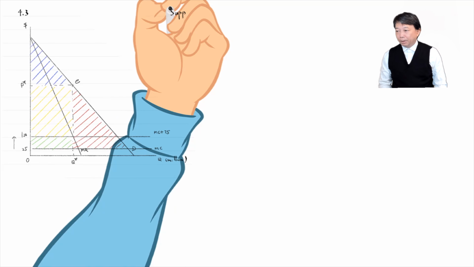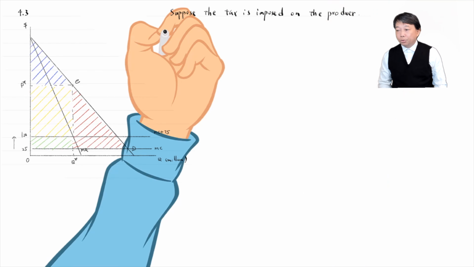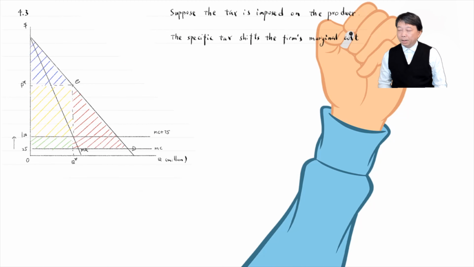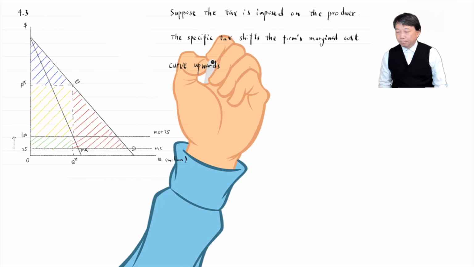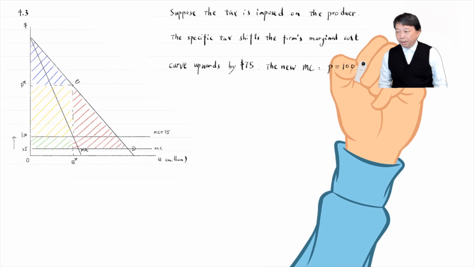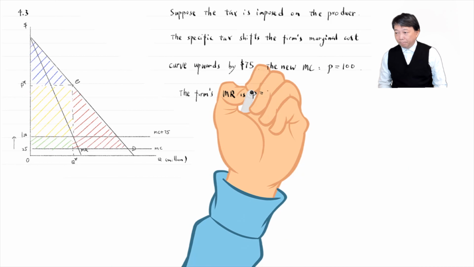Suppose the specific tax is imposed on the producer. It shifts the firm's marginal cost curve upwards by $75. The new marginal cost function is P equals 100. The firm still faces a linear demand.